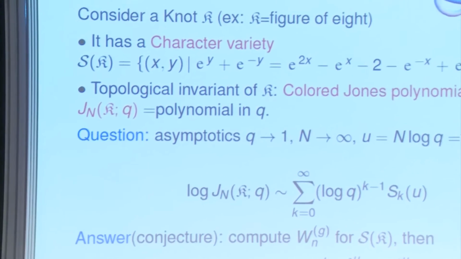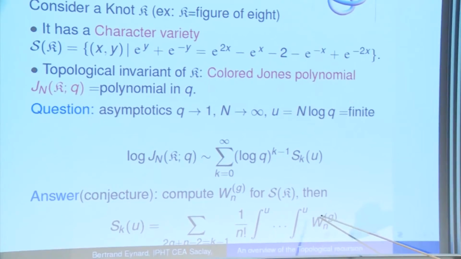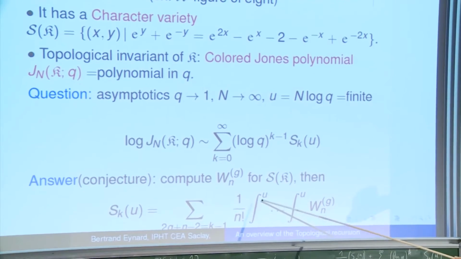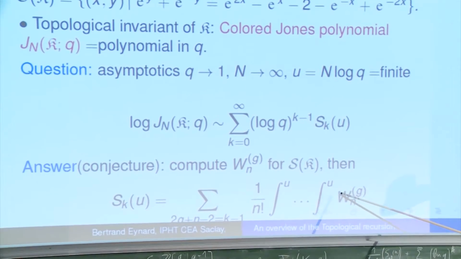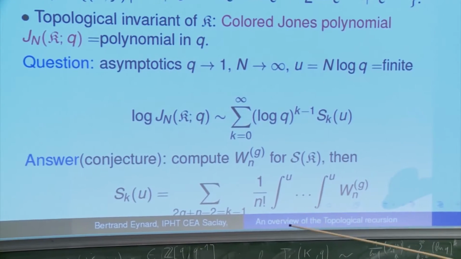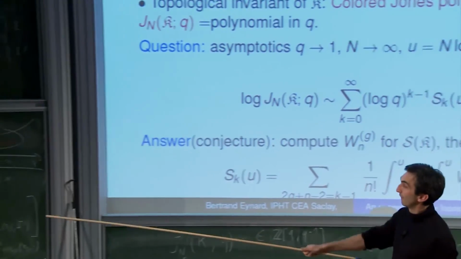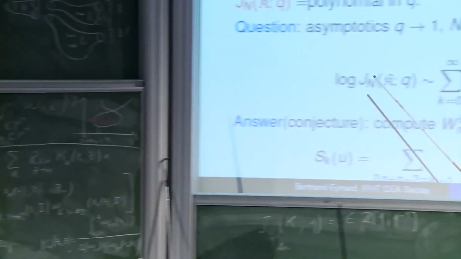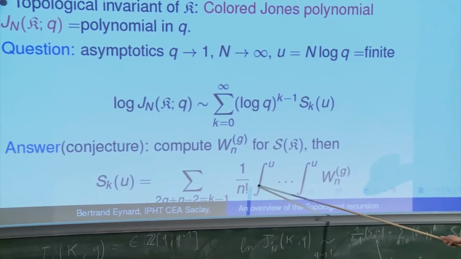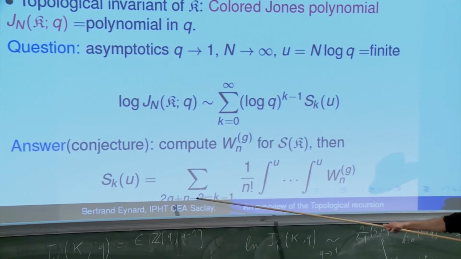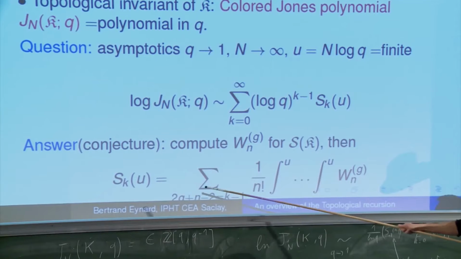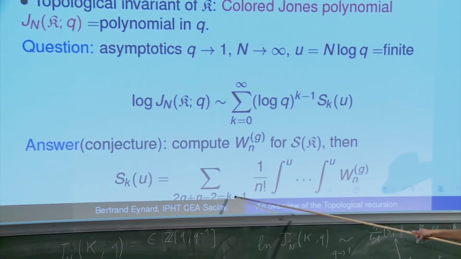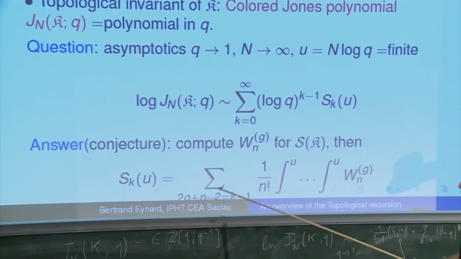Compute those integrals of omega g,n up to u, integrating all variables z_i up to u. Divide by n factorial, sum over g and n such that 2g plus n minus 2 equals k minus 1. Call that s_k of u.